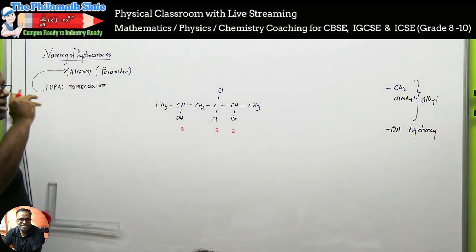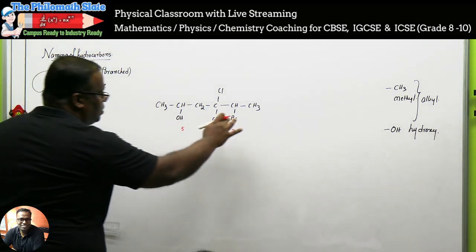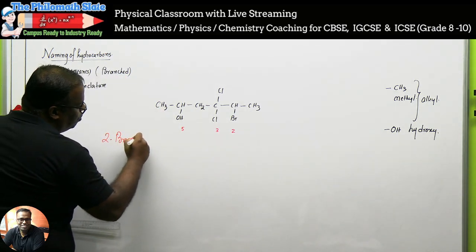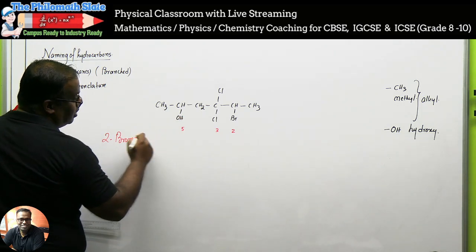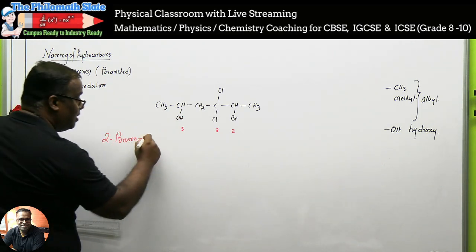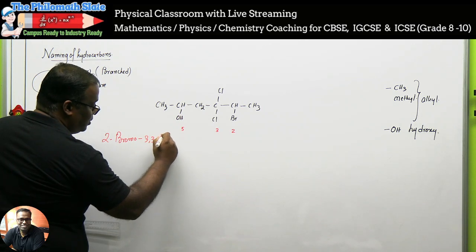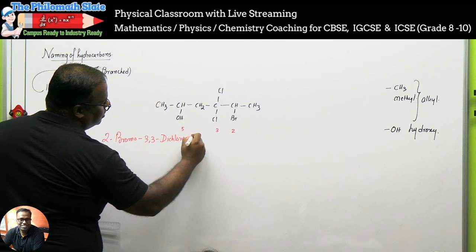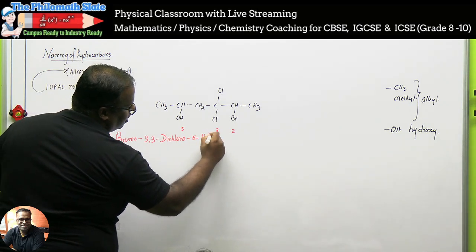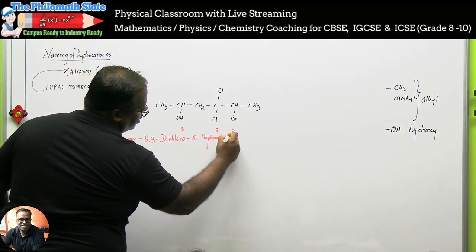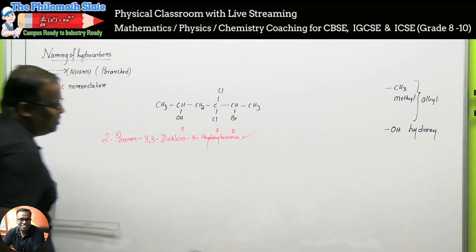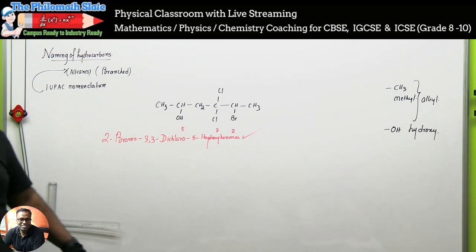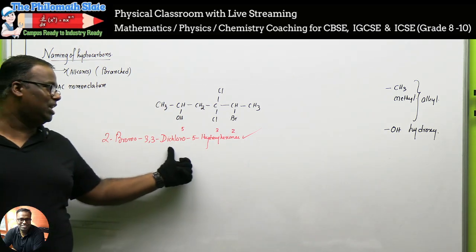B. उसके बाद C, उसके बाद H. So B को नेम करते हैं. तो 2 पे क्या है? ब्रोमो. 2 ब्रोमो हाइफन. फिर 3,3 डाइक्लोरो. 5 हाइड्रोक्सी. दिल खुश हो गया. Good. You're doing good. 2 bromo, 3 dichloro, 5 hydroxy.